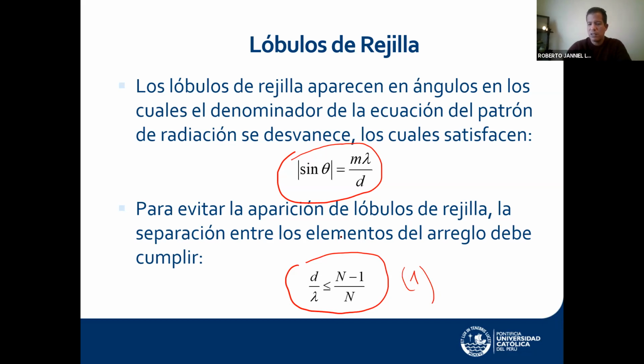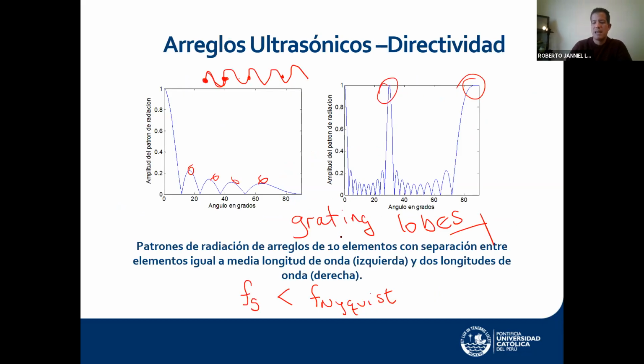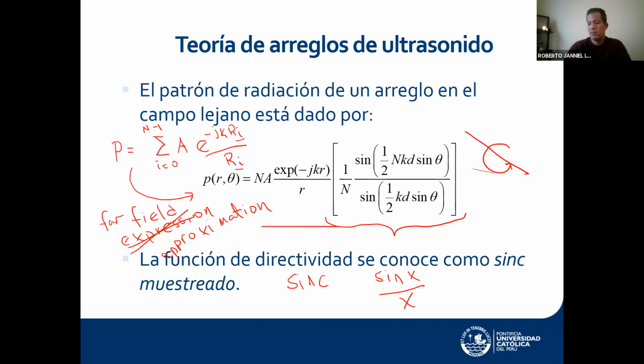That expression comes from making it such that rather than having the peak at 90 degrees, where you would have the grating lobe, what you actually make is that the last zero before the grating lobe lands at 90 degrees. Which you can do, because you know at which locations that's going to happen.